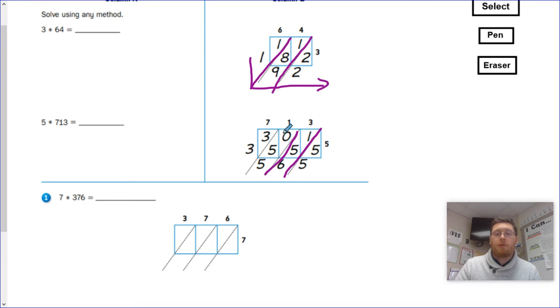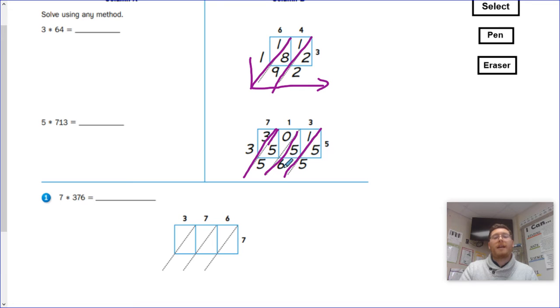Again, line, line, line. Everything in the boxes we're going to look at. All right, so everything in the boxes. Anything on this side of the line, I'm going to add together. It's just 5, so I bring down just a 5. In between these two lines, I have a 5 plus a 1.